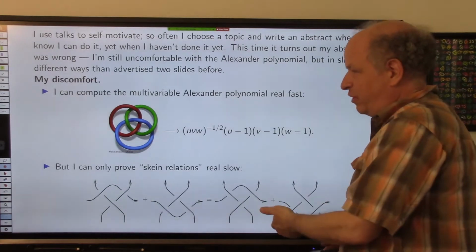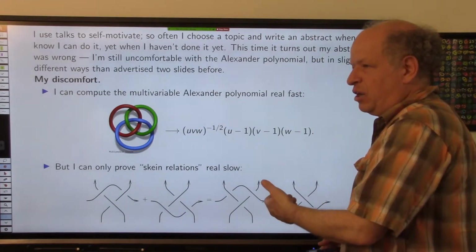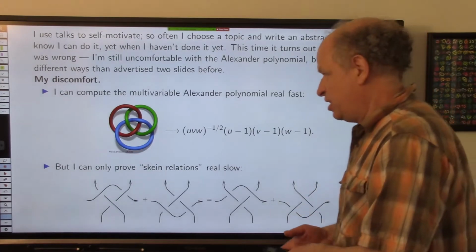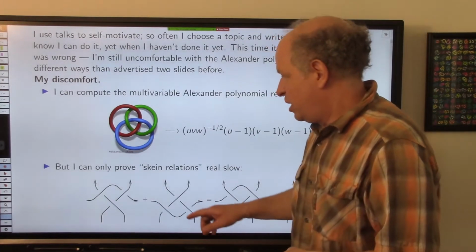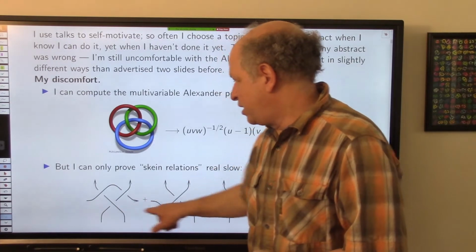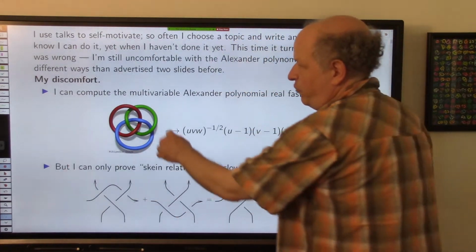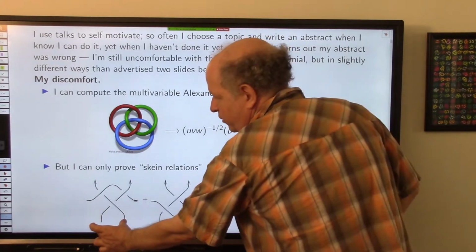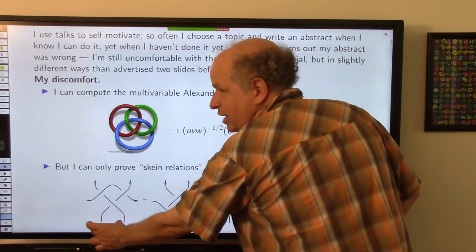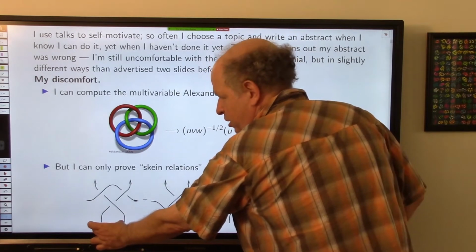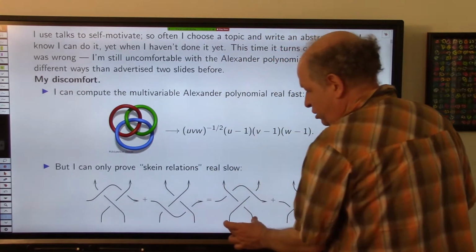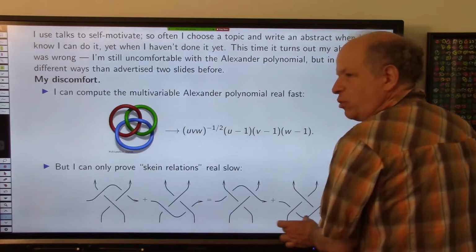But the multivariable Alexander polynomial also satisfies so-called skein relations. Skein relations are relations like here. So if you have a link, and within it you can find a chunk that looks like the chunk on the left here, then you can replace it by the second chunk, or by the third, or by the fourth.